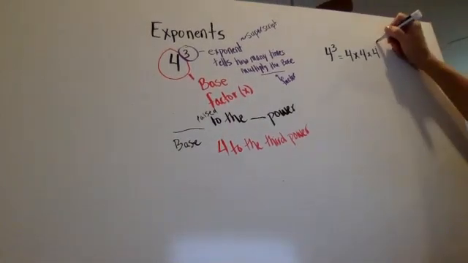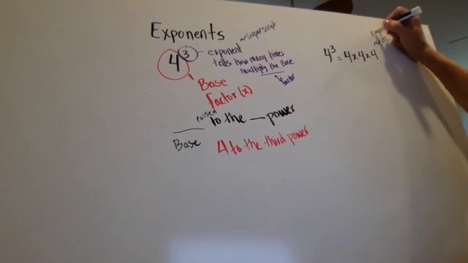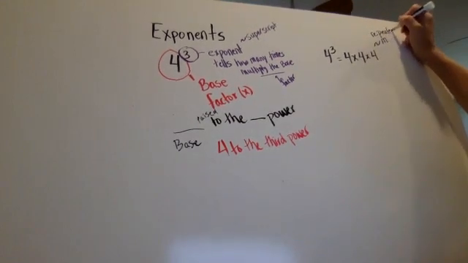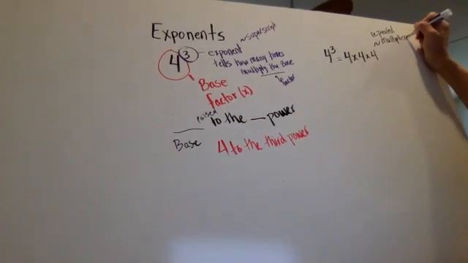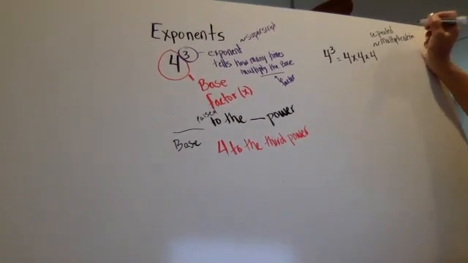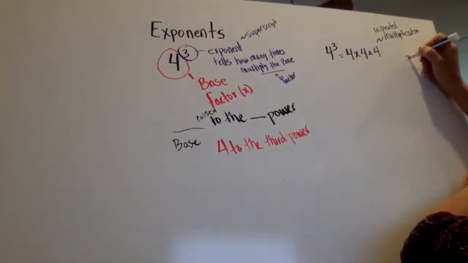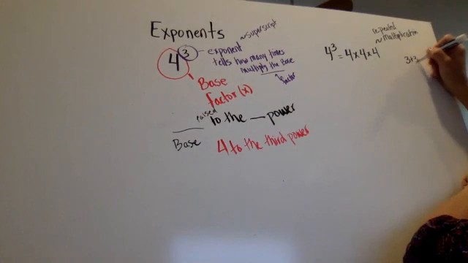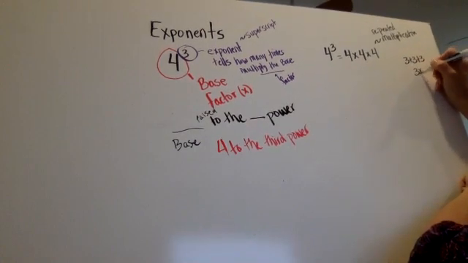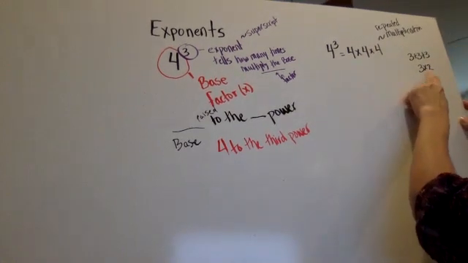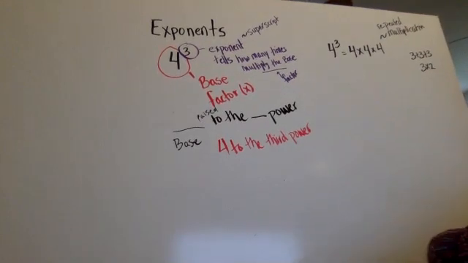It's a shorthand, and it means repeated multiplication. It's a symbol for it. Just like if I was going to write 3 plus 3 plus 3, I could write that as 3 times 3. Multiplication is a shorthand, and this exponent is a shorthand.